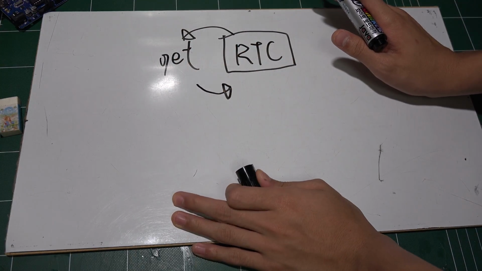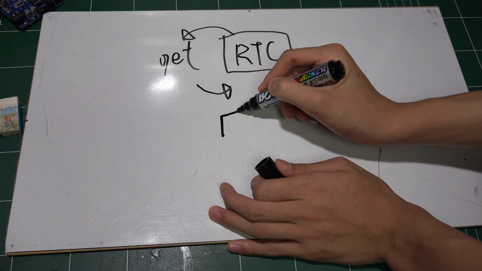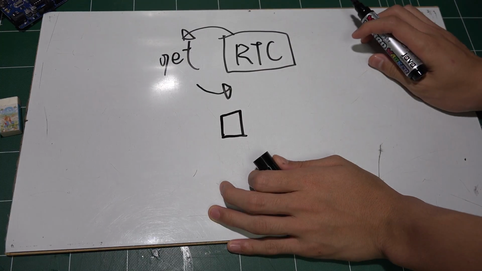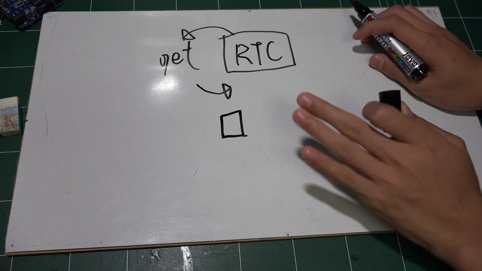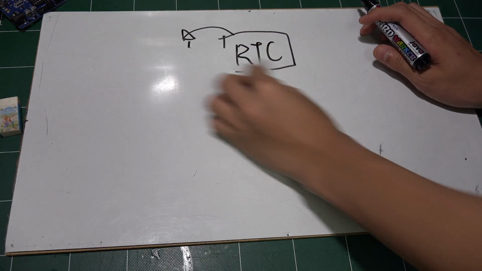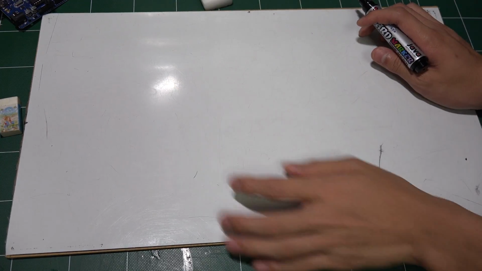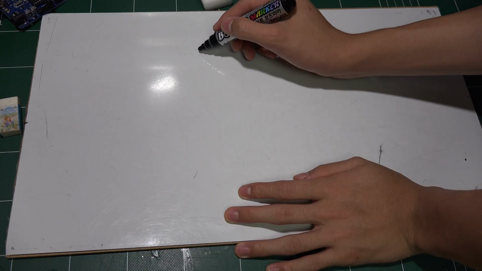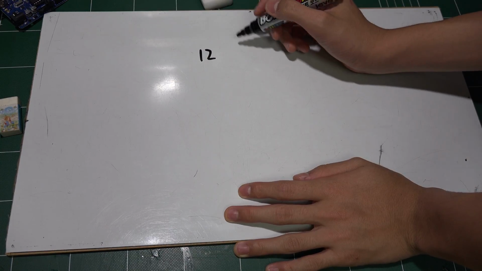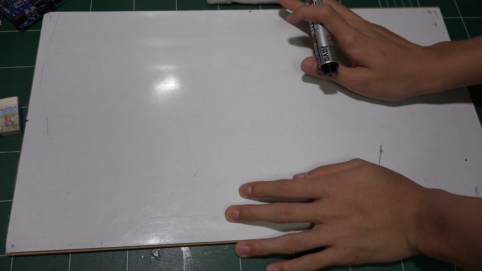First I will talk about the data information of this RTC. Before, we usually sent just a few numbers, 1, 2, or just a number, but in this RTC it will send a lot of things.